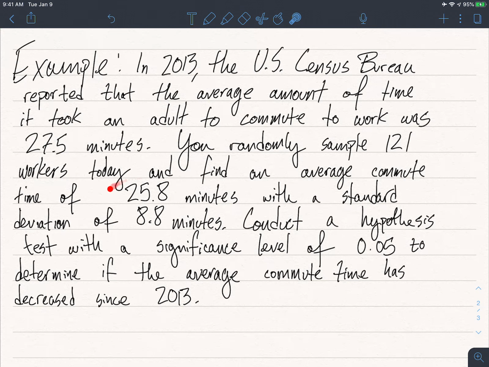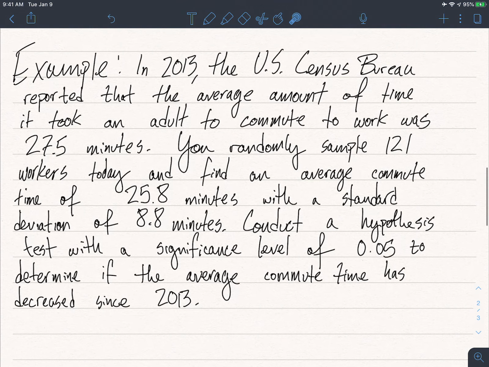And you're curious if this 25.8 minutes is strong enough evidence to say that this is no longer the case, to refute this fact from 2013. And I'm actually not quite sure if this is enough or not. So we'll have to go through the math to see if this is statistically significant enough to refute this claim from back then.